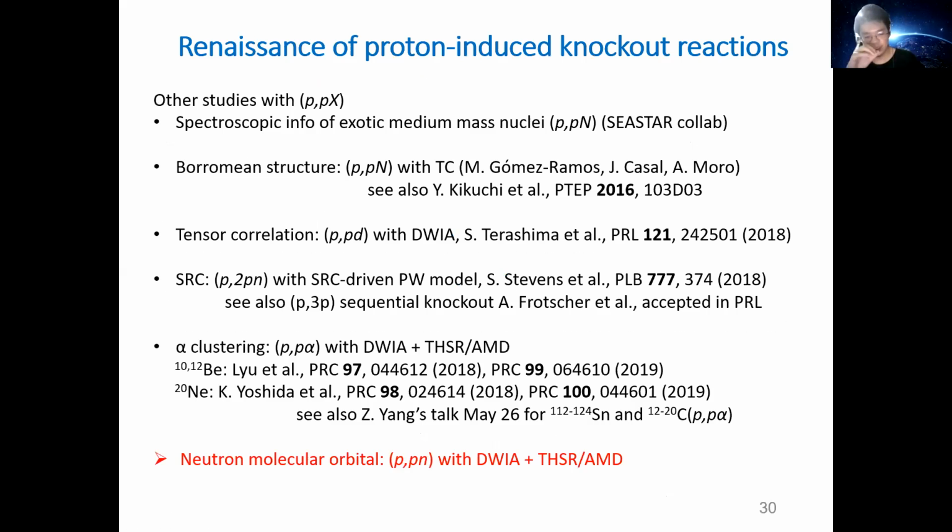So for part two, before I start, I would like to say that in the last 5 years there has been a renaissance of proton-induced nuclear knockout reaction studies. I think one of the main driving factors is the R3B collaborations, which use PPN reactions to study the spectroscopic information of exotic medium-mass nuclei.